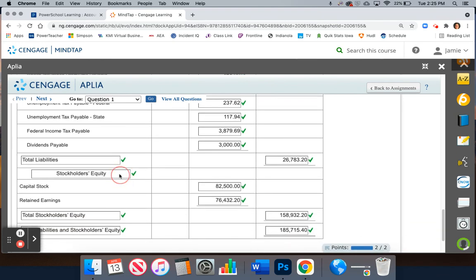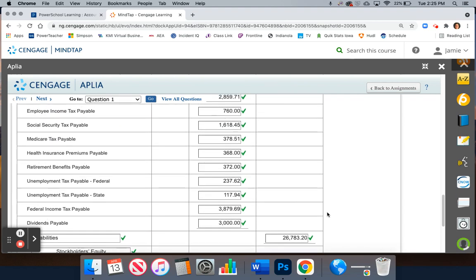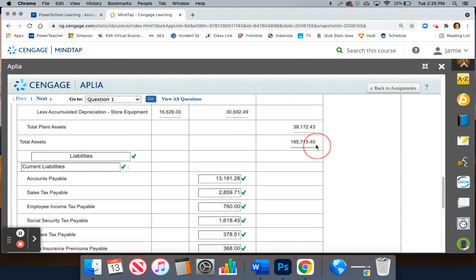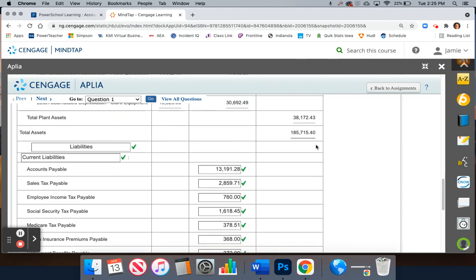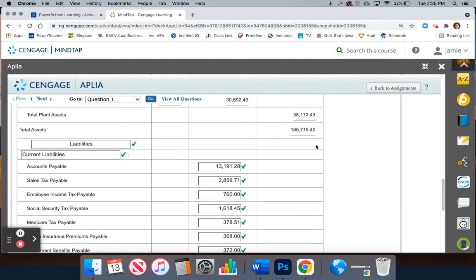And then stockholders' equity. Capital stock plus retained earnings gives us our total stockholders' equity, which we add to total liabilities, giving us liabilities and stockholders' equity, which balances and equals our total assets. So that is the goal of the balance sheet, to make sure that our assets equal our liabilities plus owner's equity. And that is section 16-3.